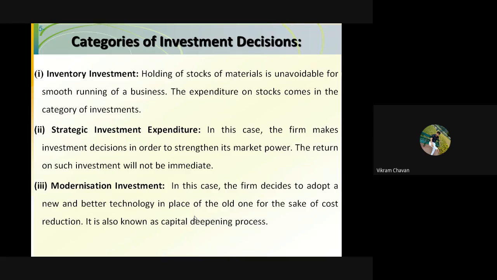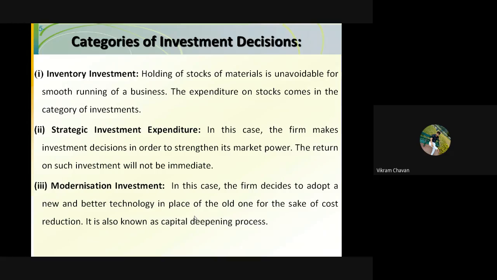And once the finished goods are produced, they should be stocked properly. Why is stocking required? Because the demand is always fluctuating in the market. Sometimes it reaches the peak point, and sometimes it reaches the lowest point also.